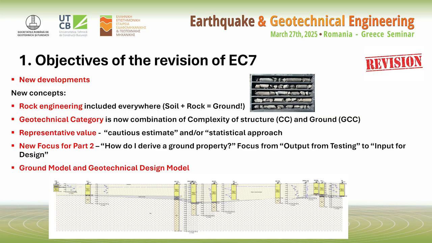In terms of new developments that we can find in the second generation of Eurocode 7, we can find new concepts. One of the first is rock engineering, which has been introduced all over Eurocode 7. And now what we are calling ground can be composed either of soil or of rock, so we are addressing both in almost equal manner.